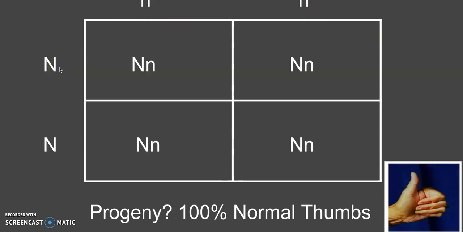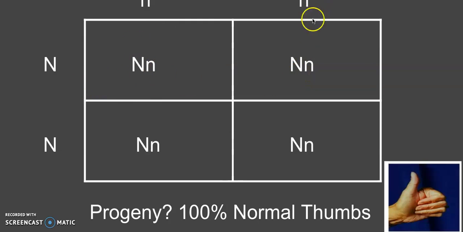Again, these can be either mom or dad, it does not matter. Here we have a big N coming from here and a little n coming from here, giving us a heterozygous state.